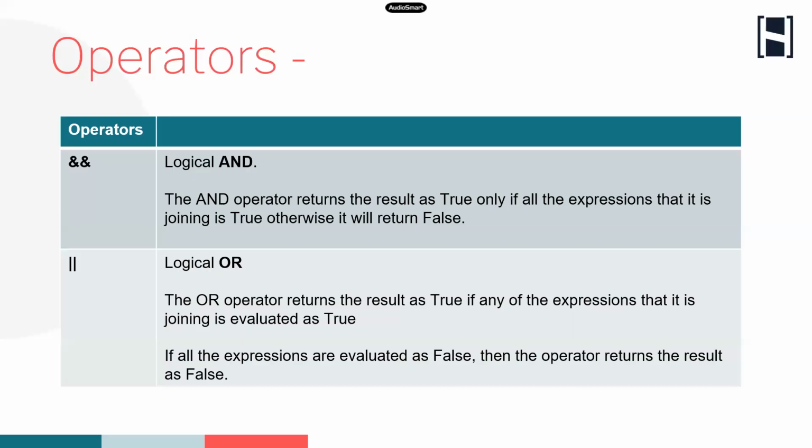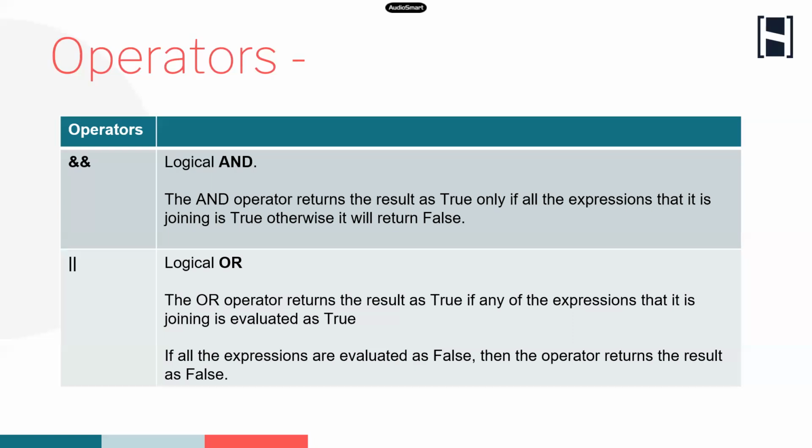For example, if I am combining 3 or 4 expressions and any one of the conditions is true, the final result will be given as true. That is how the logical OR operator works. So logical AND: all the conditions must be true. Logical OR: any one of the combined conditions must be true.